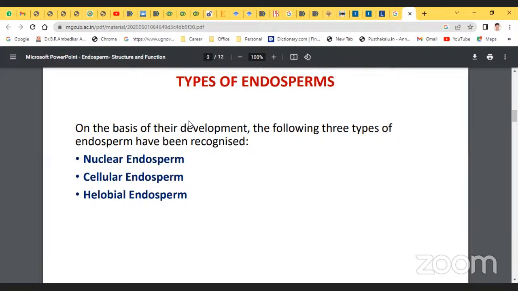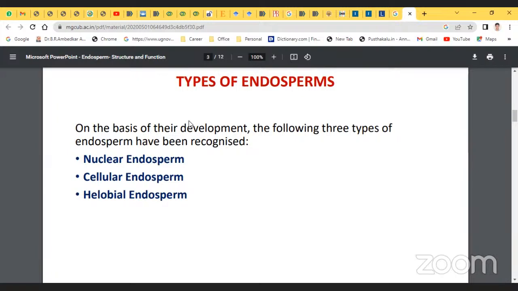Coming to cellular endosperm, it is mostly confined to the dicotyledon families. The nuclear endosperm is in 56% of families, and the 25% of cellular endosperm is in the dicotyledon families.